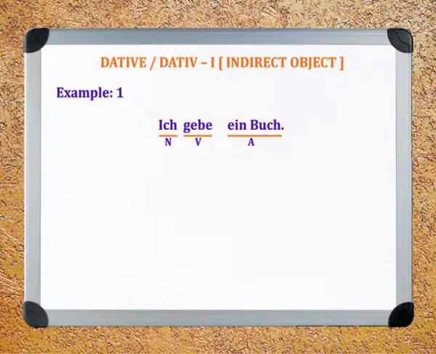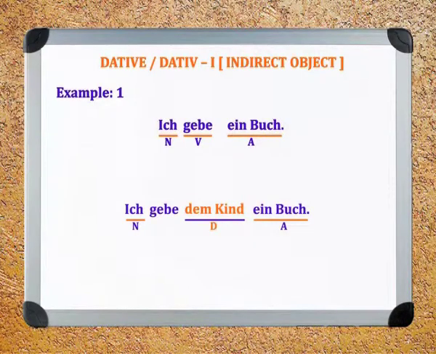Now, the question is, who gets this, or to whom does I, the subject, give the book? That is the dative here, which as you can see is the Kind, which you know is child. Before the noun Kind, we have a word called dem, which is the dative form of the article.